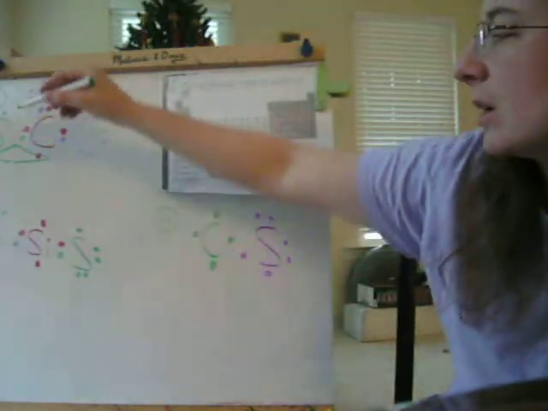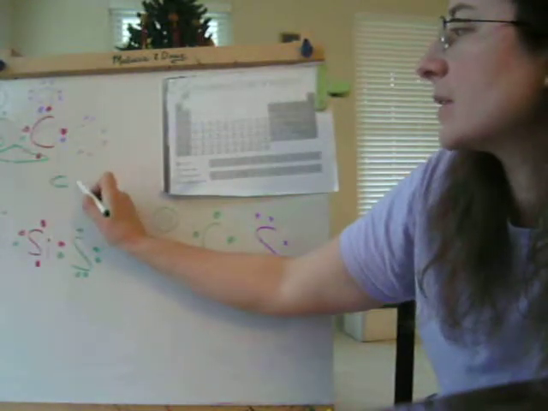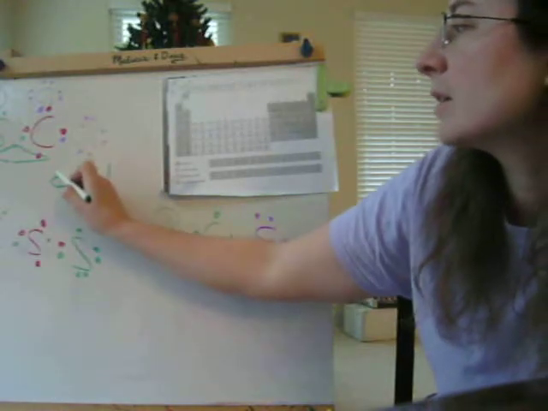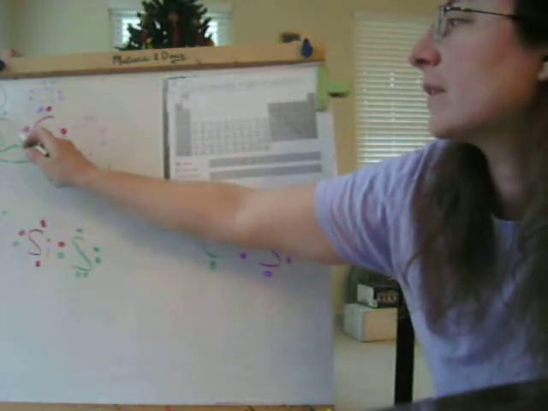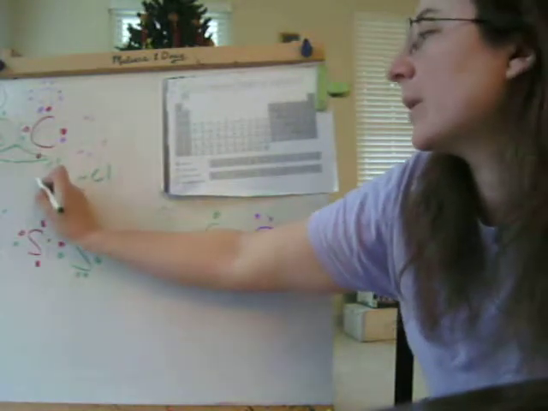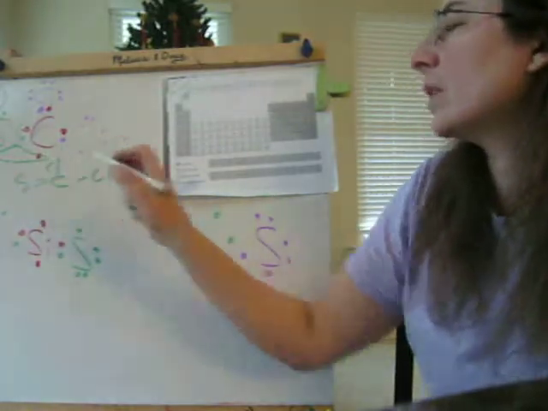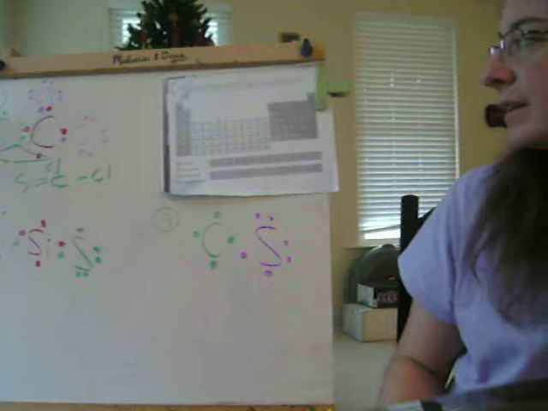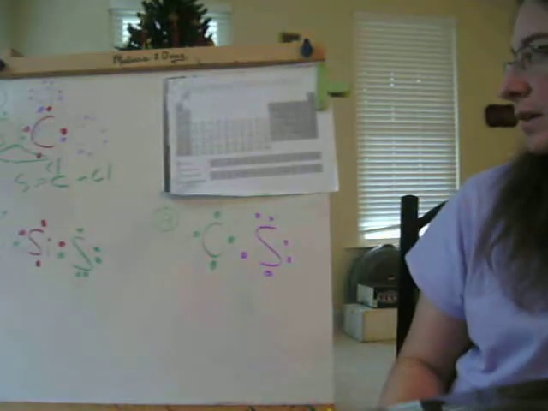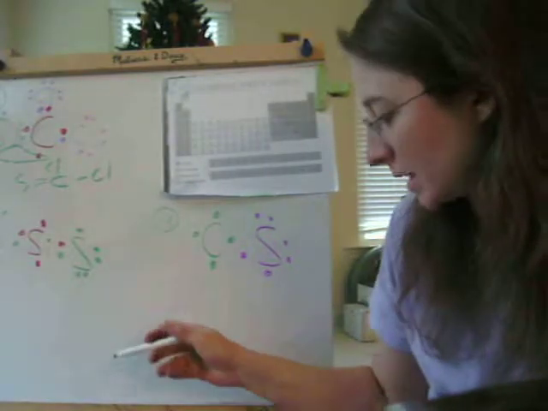So when you draw the line structure, you'll get carbon with a single bond to chlorine, and then because of this pair being shared and this pair being shared, you have a double bond between the sulfur and the carbon. So that's CCl2S, like that. Put that carbon in the middle because it has the most empty seats.